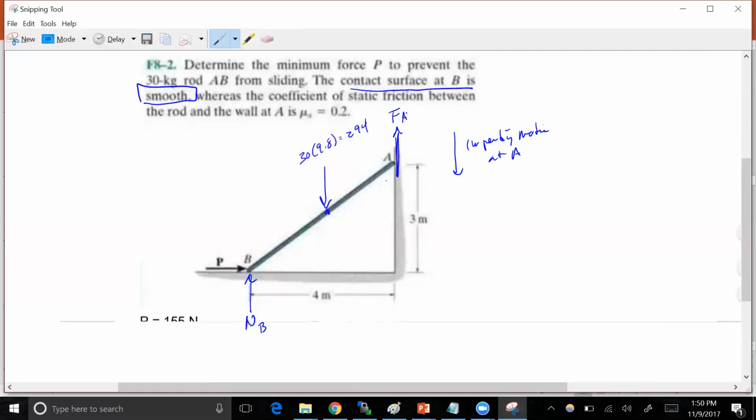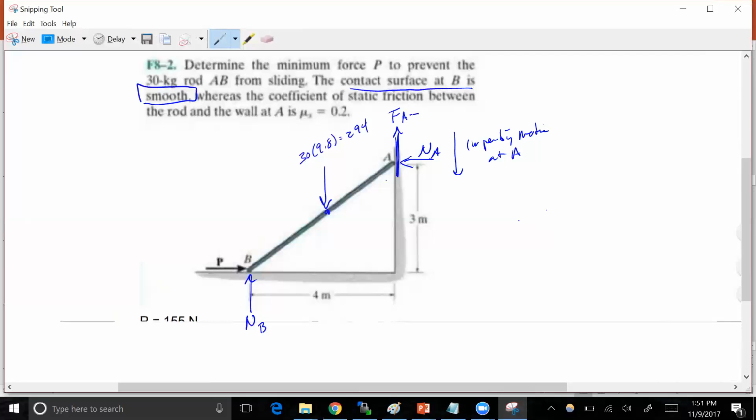And what other force at A is there? Normal force at A. Yeah, that's the start, right? And you can kind of see how you can start writing the equations now. You're at impending motion. And at impending motion, what does that mean about FA? Which is what? What's the max?